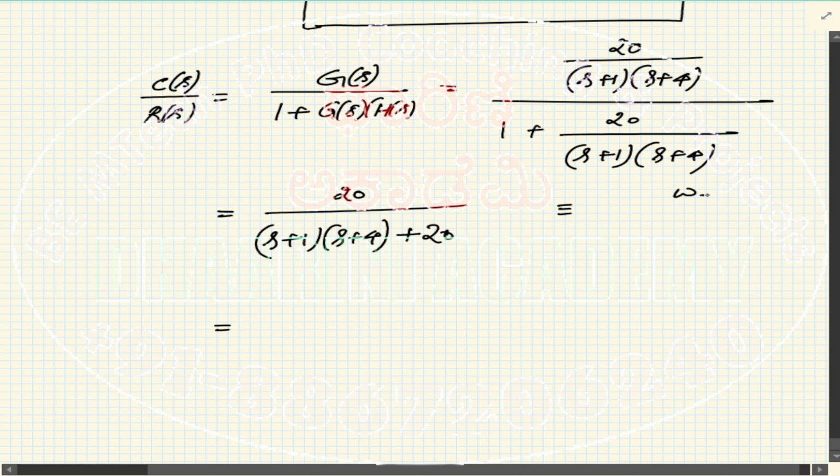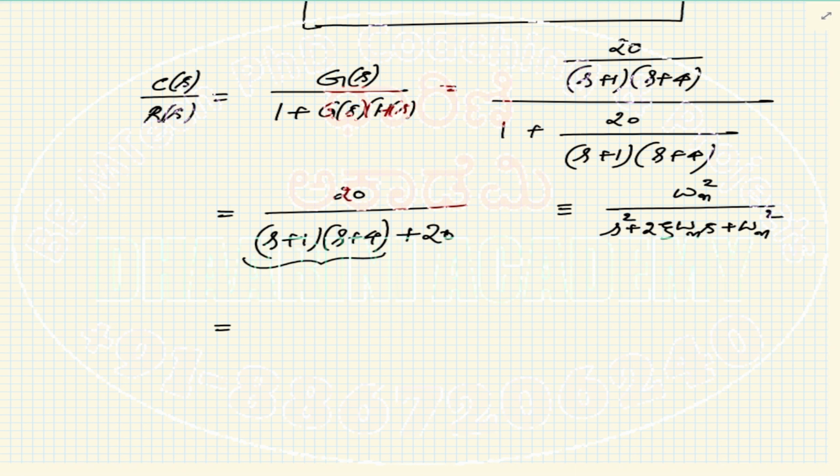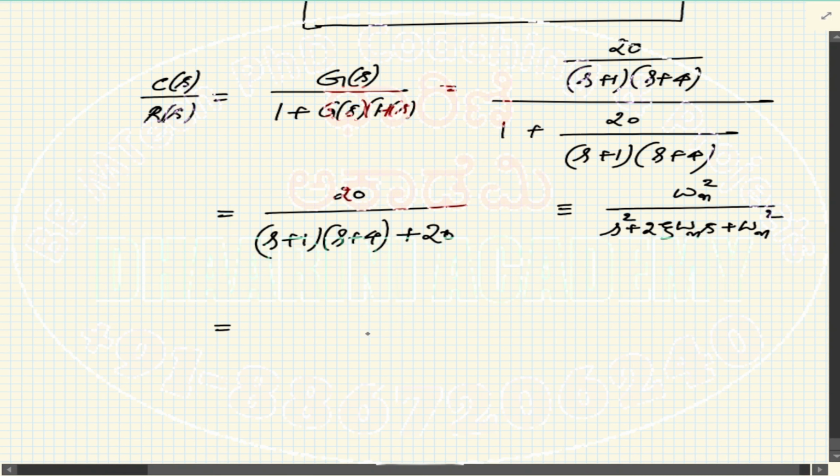So this has to be omega n square divided by s square plus 2 into zeta omega n into s plus omega n square. All right, so we want this format, which is not yet available. Maybe you have to multiply these two to get that. Okay, so multiply s plus 1. Yes, correct.